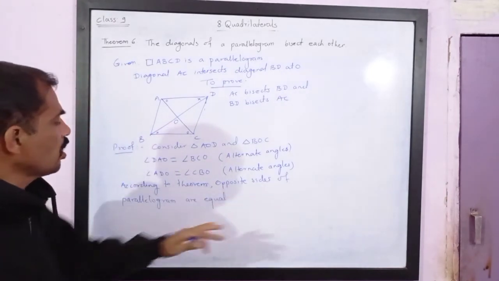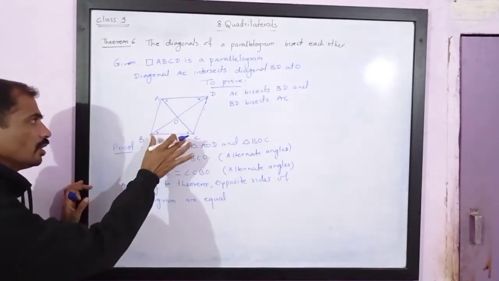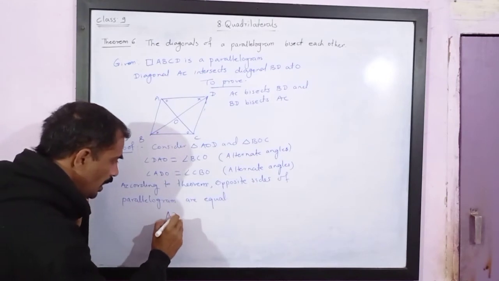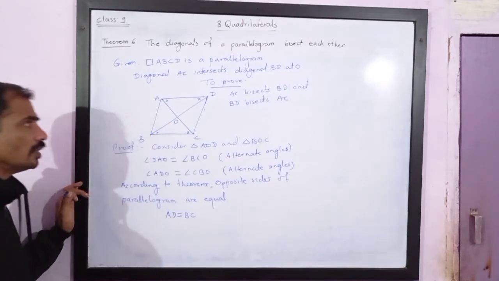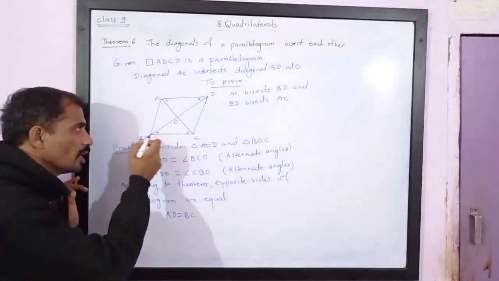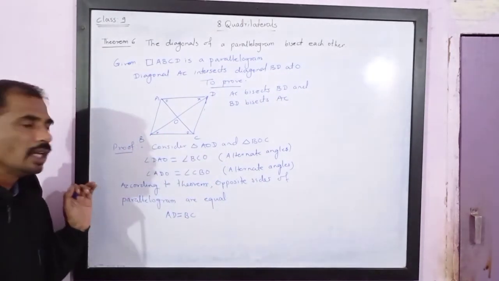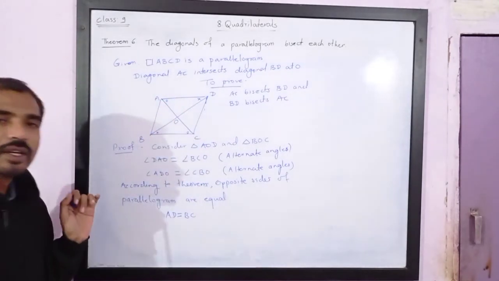Now opposite sides of parallelogram equal, it means AD equals BC. Now watch carefully. We have got two angles congruent and the included side congruent. It means these two triangles are congruent.